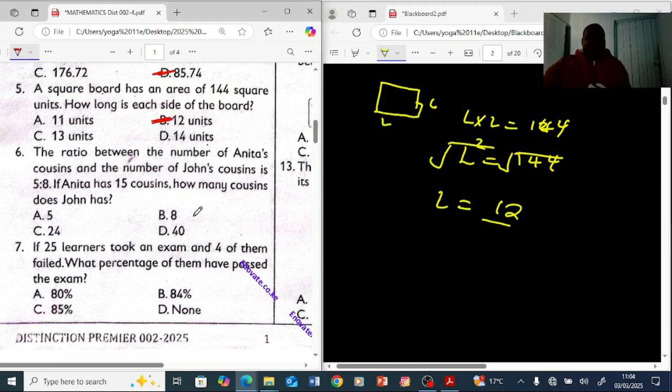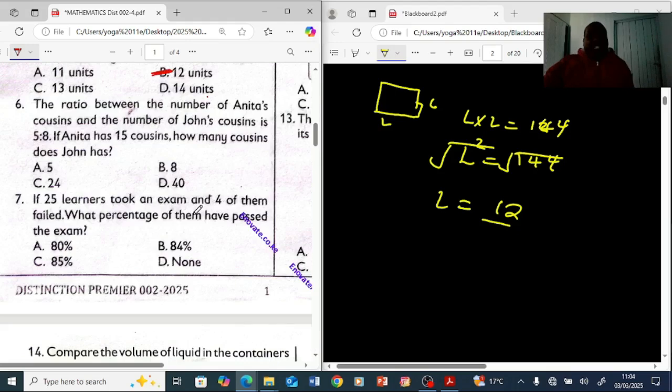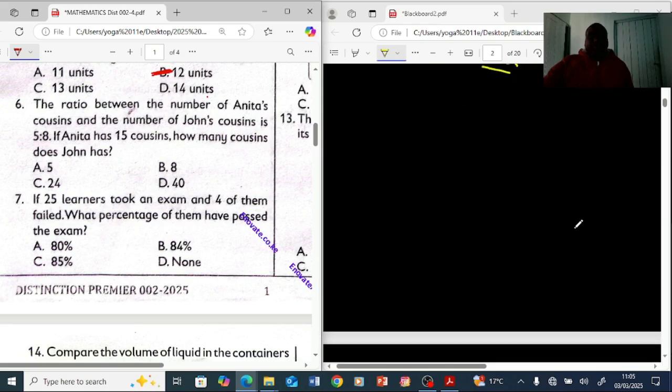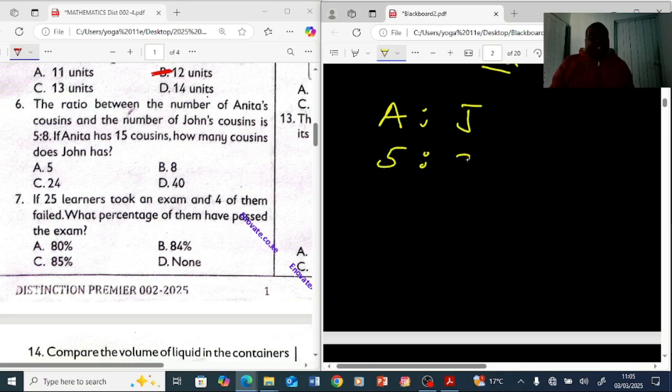The ratio between the number of Anita's cousins and number of John's cousins is this. Anita has 15 cousins. How many cousins does John have? That's very simple. Now the ratio Anita to John, this is 5 to 8.